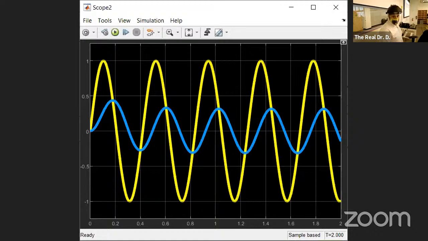It's great. Good stuff. So the yellow line is my input, the blue line is my output. Okay. And look, it looks somewhat like what we drew. There's some funky stuff happening in the beginning, right? That has to do with the transient response, which we weren't plotting. We were only plotting the steady state response. So remember, when you start up, there are still some transients in the system, right?